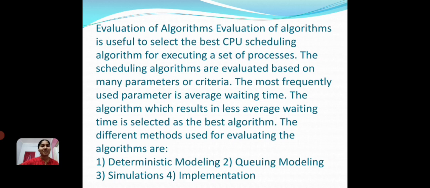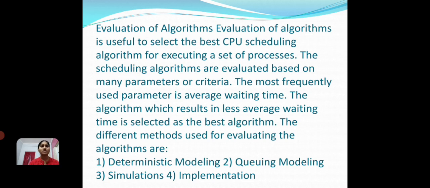Here we can find four different ways to evaluate the algorithms, which are deterministic modeling, queuing modeling, simulations, and implementation. Generally, why is there a need to evaluate an algorithm?